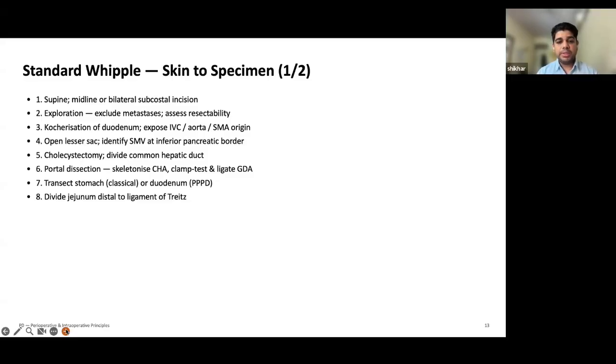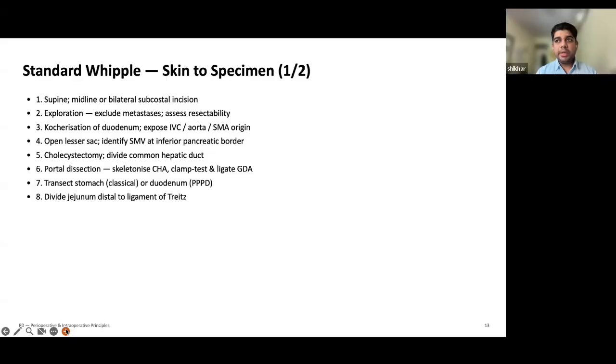Once resectability has been confirmed, then we go for the next step. So what are the endpoints of resectability, Shikhar? What findings, apart from metastatic tumor, make you say that this patient is unresectable? A couple of three, four findings which you see and you say okay, I will not proceed in this case.